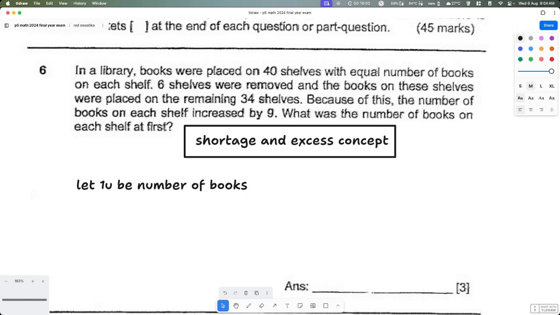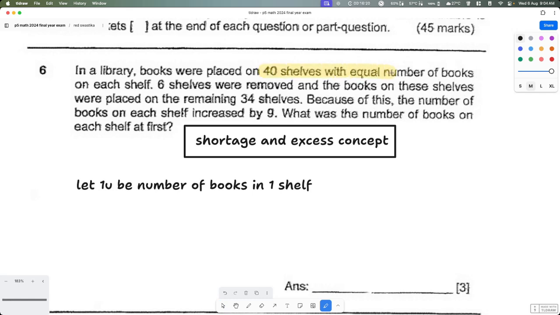Okay, so because of this, the number of books on each shelf increased by 9 books on each shelf. So 40 shelves, let one unit be number of books in one shelf. Okay, make sense, right?